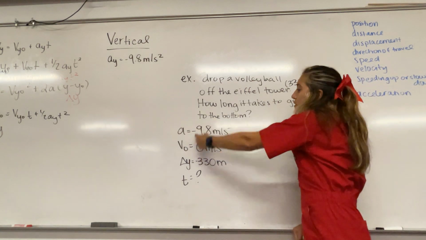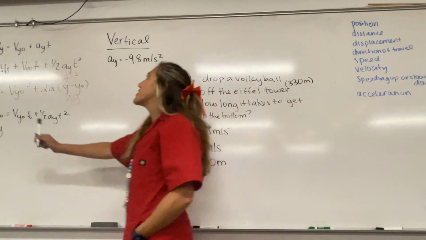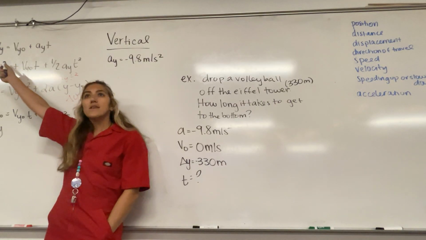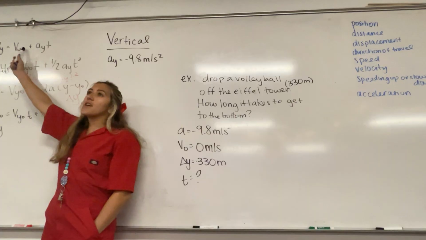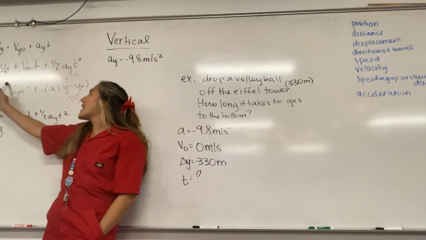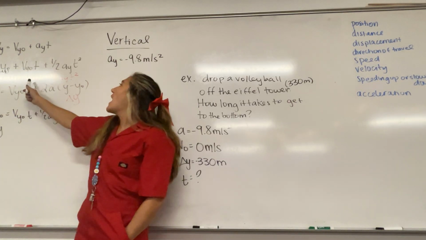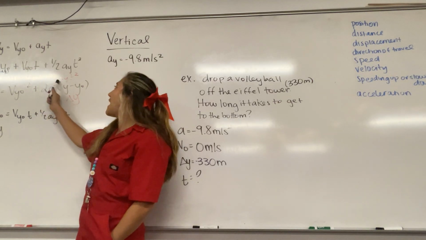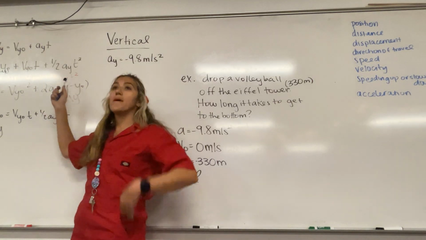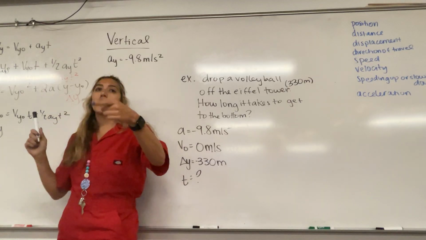I look at these 4 variables that I have and I match them to the equation. So on this first one, I don't have final velocity, so I can't use this equation. On this next one, I have delta y. I have initial velocity. I have acceleration. I'm looking for time. I have everything I need except for what I'm looking for.